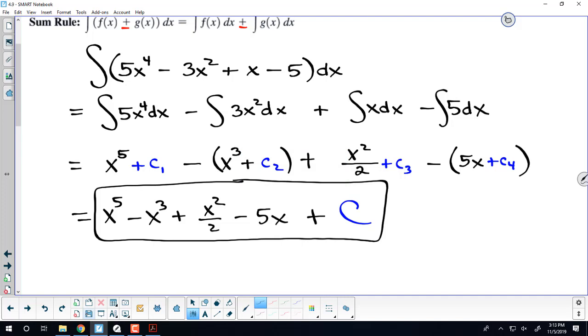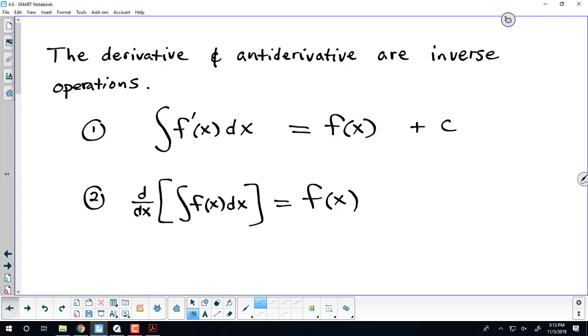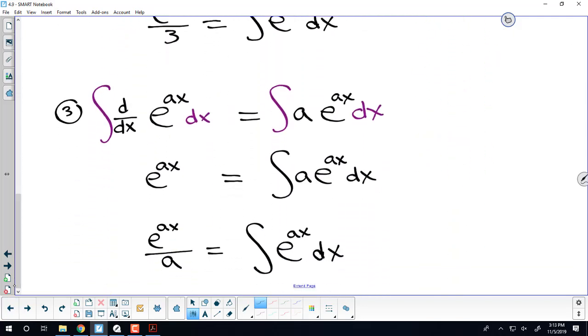Yeah. Question. Sure. Previously, it was the antiderivative of e to the ax. We took the derivative of e to the ax, which was a e to the ax. But the antiderivative is e to the ax.